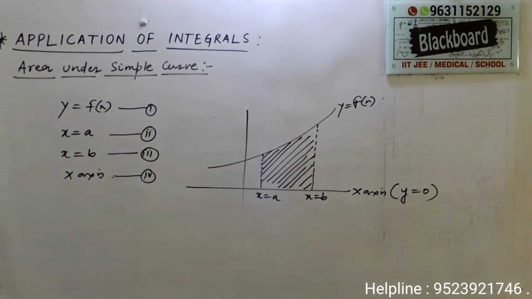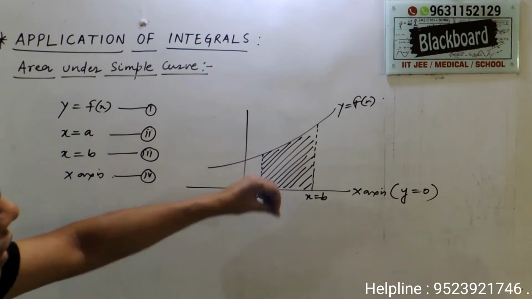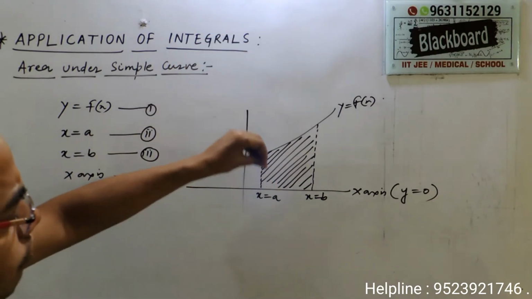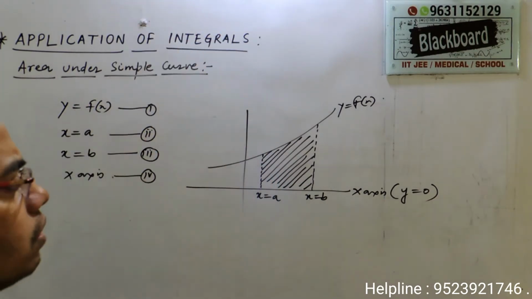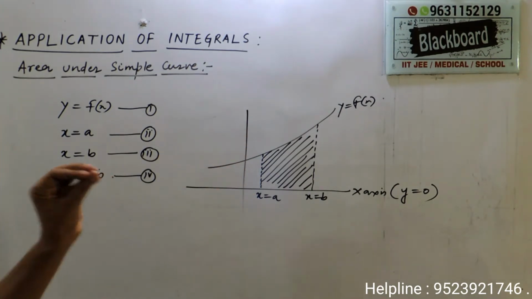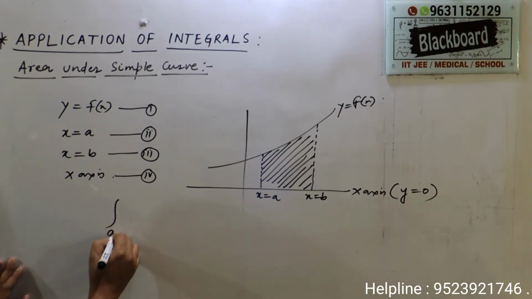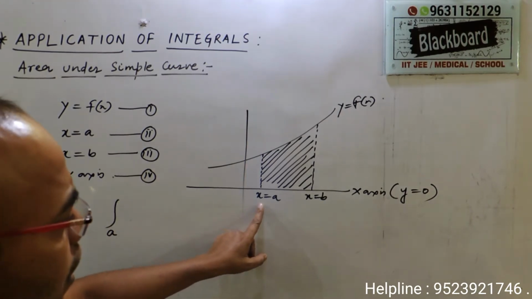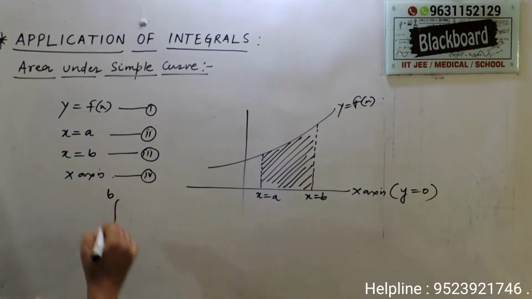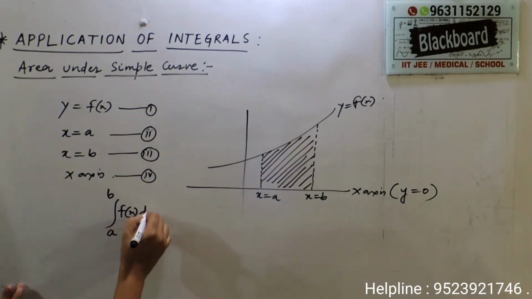If you are going to find this area, this is not a rectangle, this is not a trapezium, your figure is not well defined. So you have to use integration here. Using integration you can find the area of this function. Here the lower limit is a, the upper limit is b, and the function is f(x), and let the small width be dx.